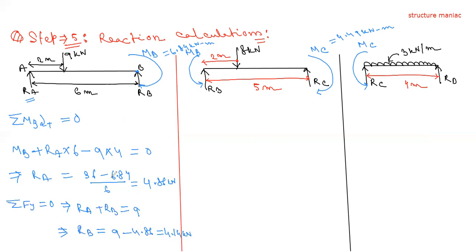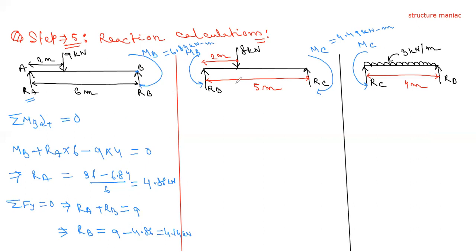For BC span, we need to calculate the RB for that span, and then add them to get the final RB. Here we are not applying summation Fy equal to 0 for the whole span; we are applying it part by part, so we add the intermediate reactions part by part.